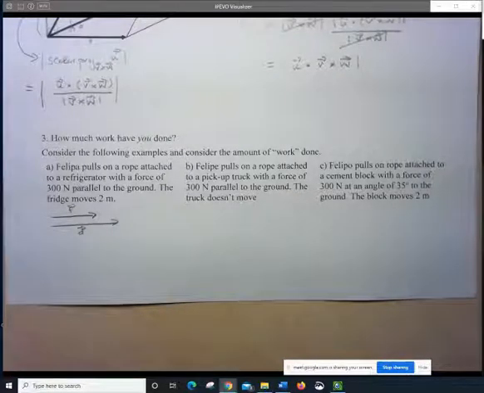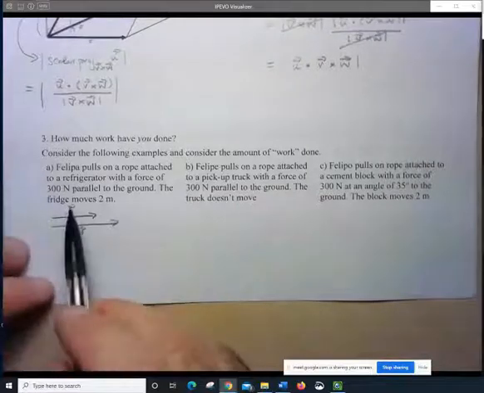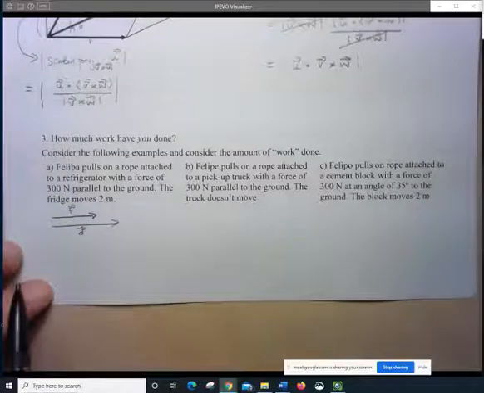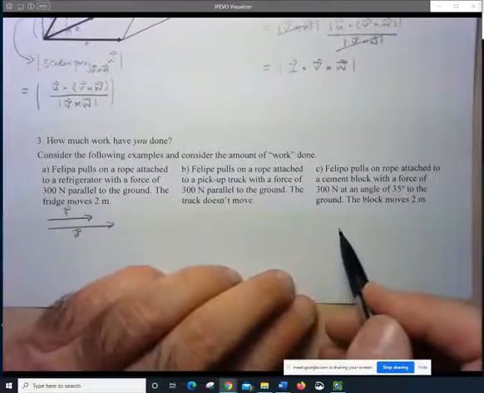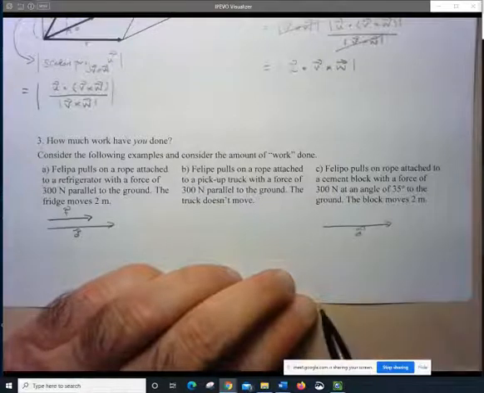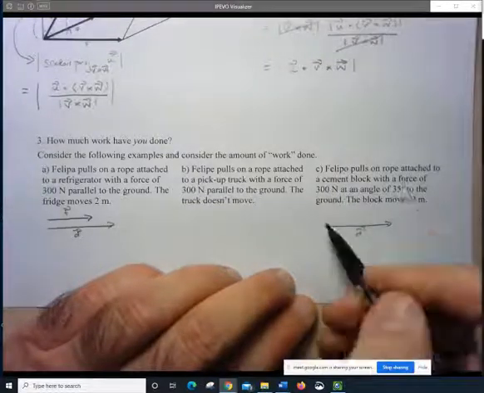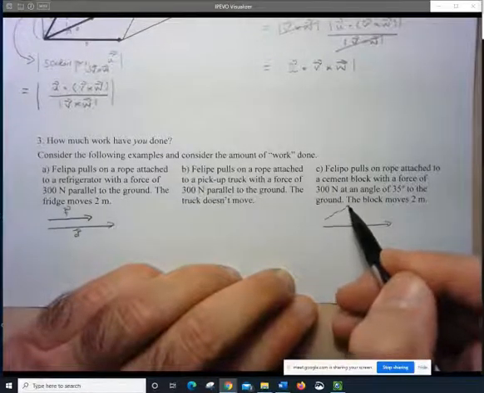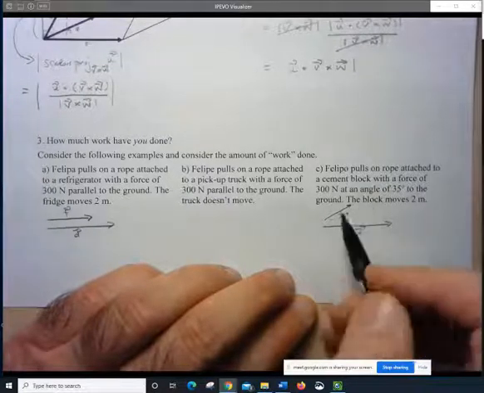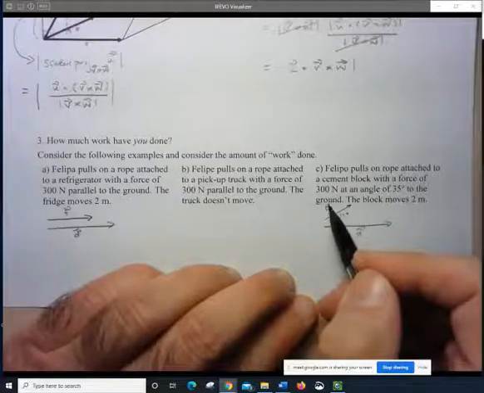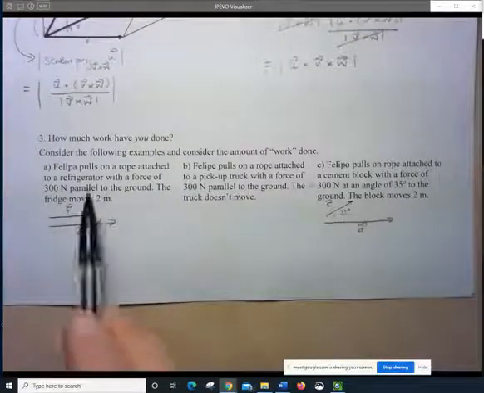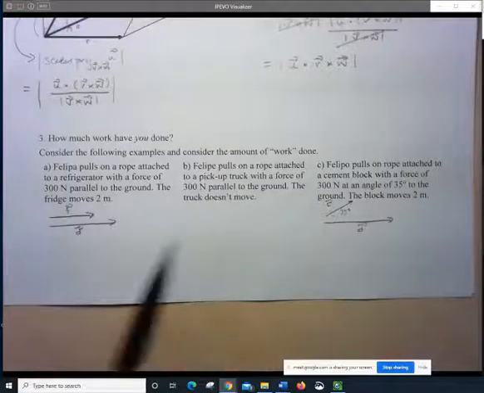And so here we see that the force and the displacement are in the same direction, whereas here you have the displacement, which is still 2 meters, let's assume horizontally, and then here you have the force, which is 35 degrees from the ground. All right. So which one of these two did more work?